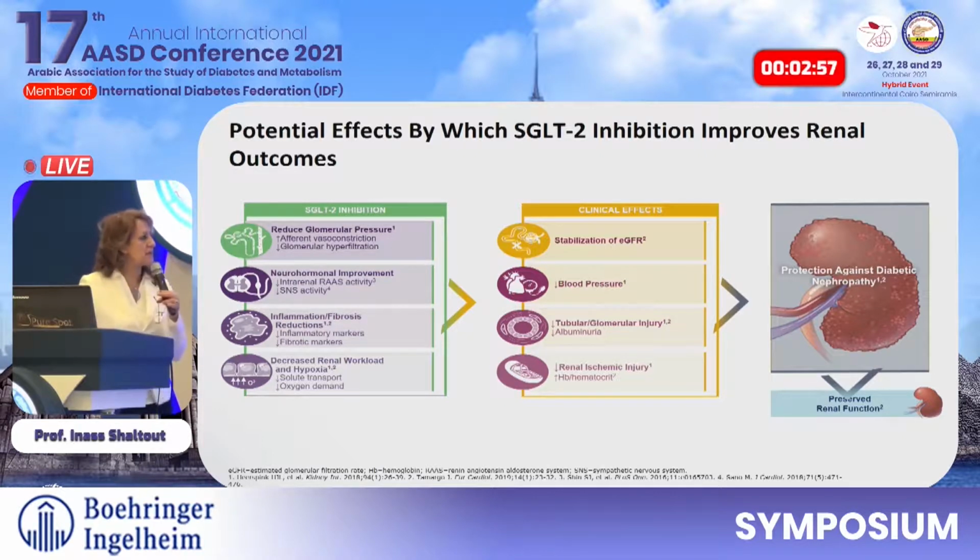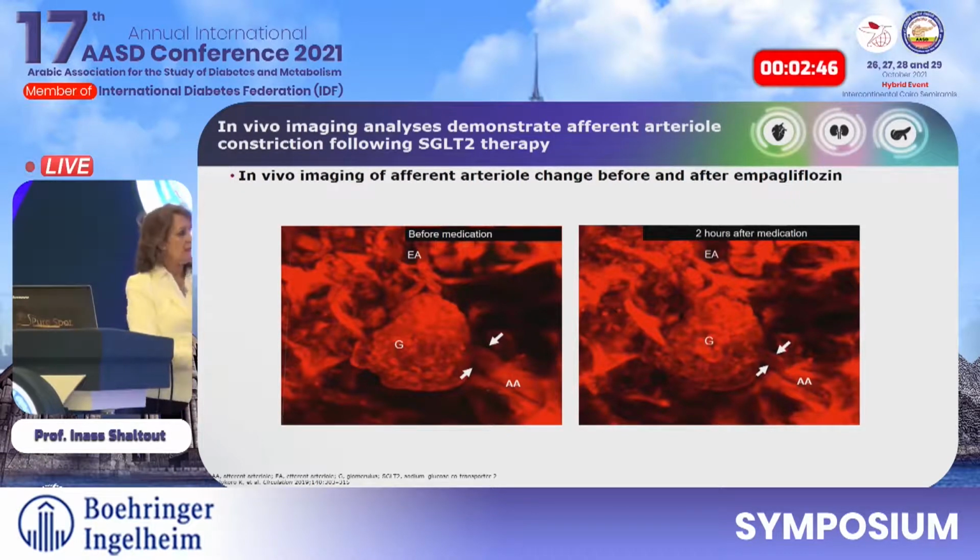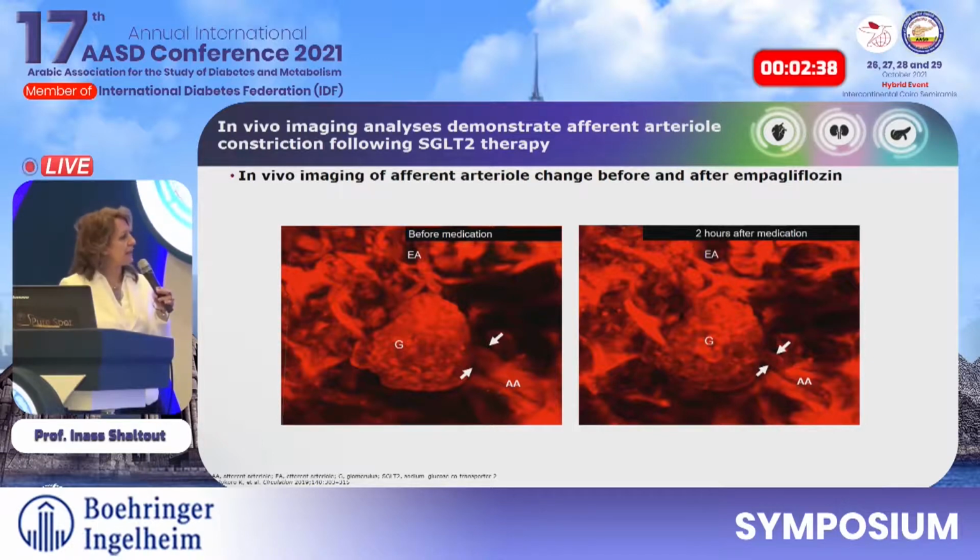There are many mechanisms, but this is the most important one, and it is shown here by electron microscopy. To the left, before the medication with empagliflozin, and to the right, you can find the afferent arteriole constricted. So this is the main and most important mechanism of renal protection in patients using empagliflozin.